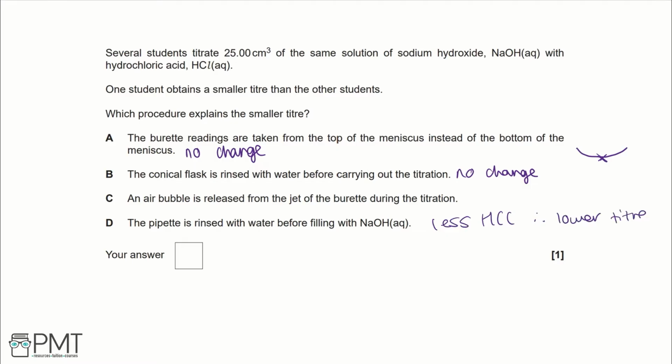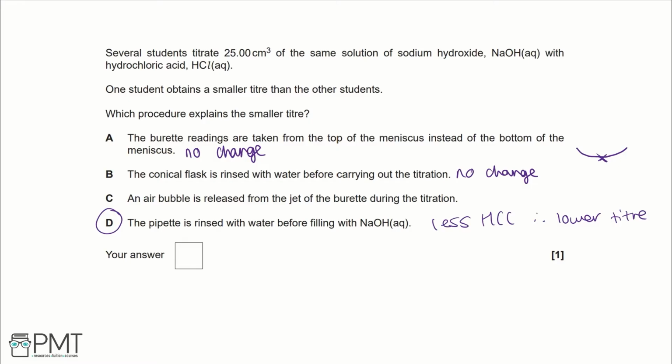So the answer is D, but just to look at C for completion, if you have an air bubble released from your burette during the titration, this is going to mean that your titer is going to be bigger. You're going to still keep adding more acid because you still need to neutralize the sodium hydroxide, but part of your volume would have been this huge air bubble.